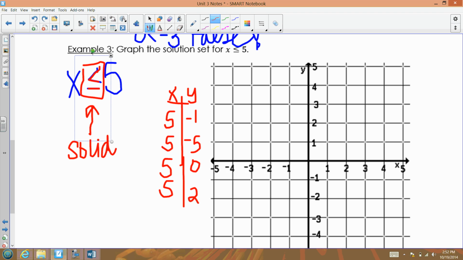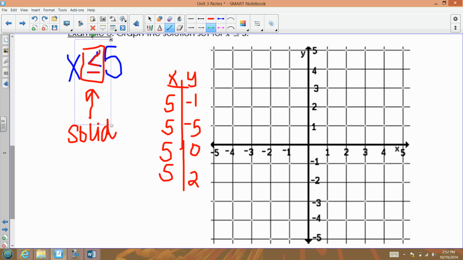So that means you're going to go over to 5, and I'm going to draw a vertical line through 5. I'm going to put my arrows on there. And it's solid.